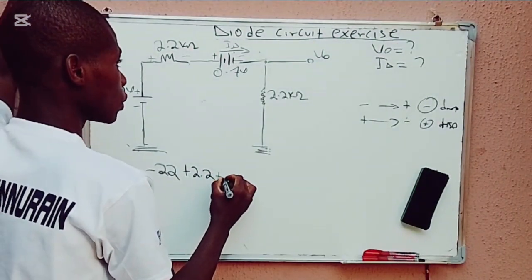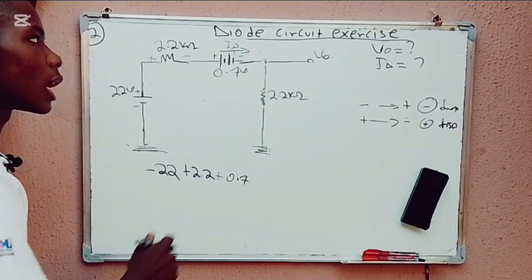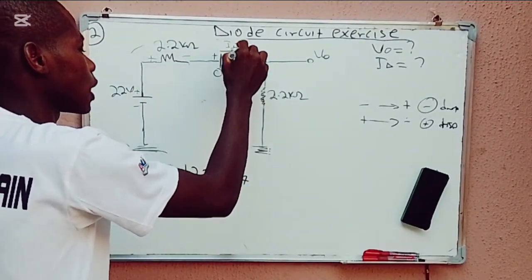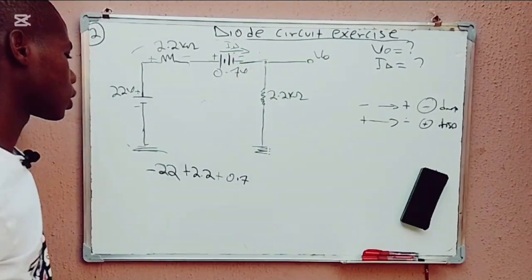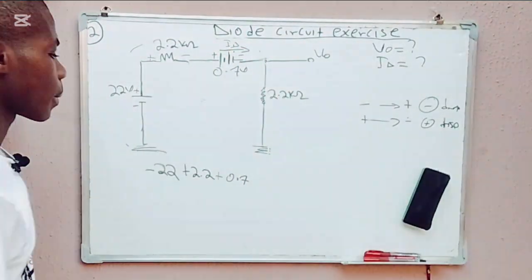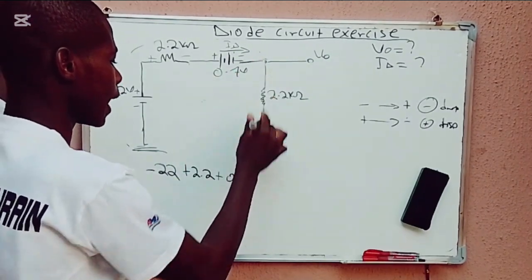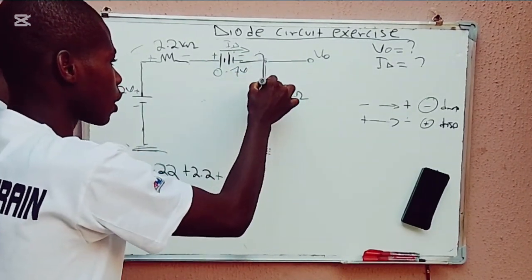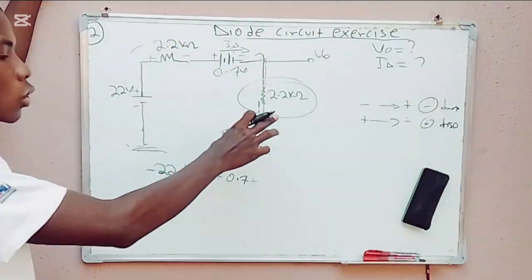Then positive to negative, it will now rise, so plus 0.7, and I have ID, which is the current. It will come across here, but it will first go to this resistance.